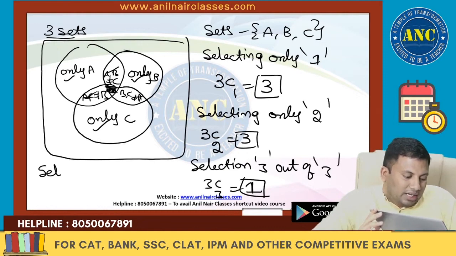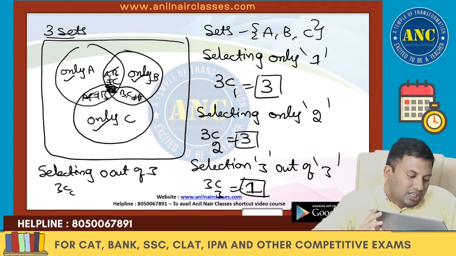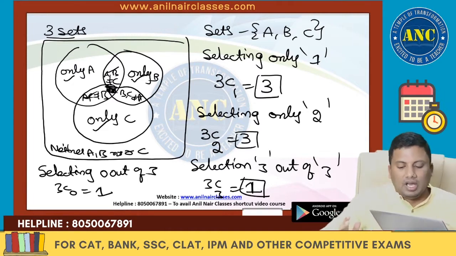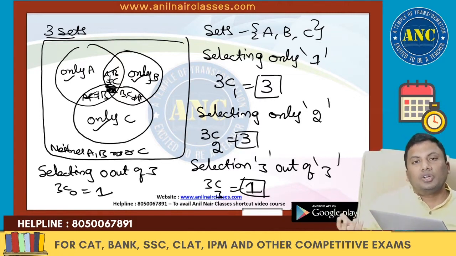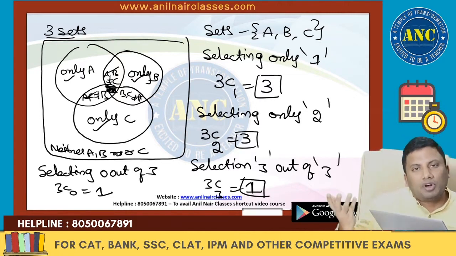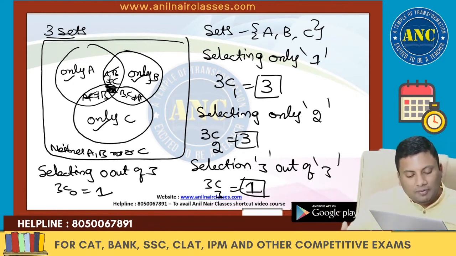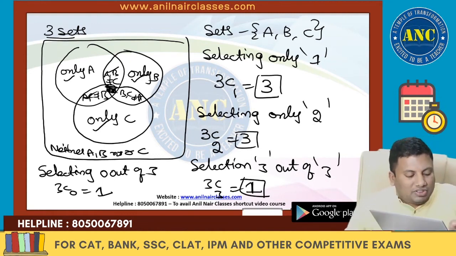I am selecting 0 out of 3. 3C0, which is nothing but 1, which is here: neither A, B nor C. How many regions are there? You can easily determine. If 4 sets are there and I want only 2 selections, the answer is 4C2. Then how come we got 2 power 3 as 8?